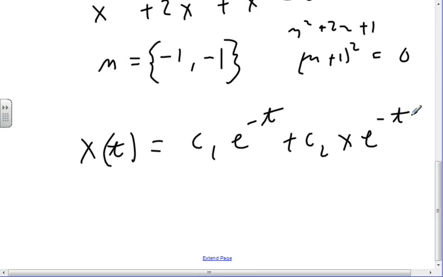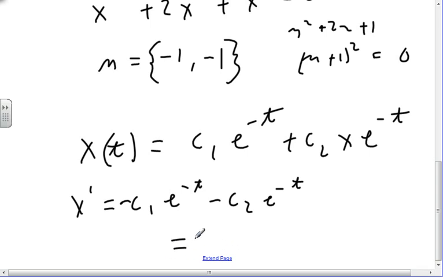Okay, so we'll come up with an x prime. x prime is minus c1 e to the minus t minus c2 e to the minus t, and that's going to equal x, which is c1 e to the minus t plus c2 e to the minus t, minus 2y.